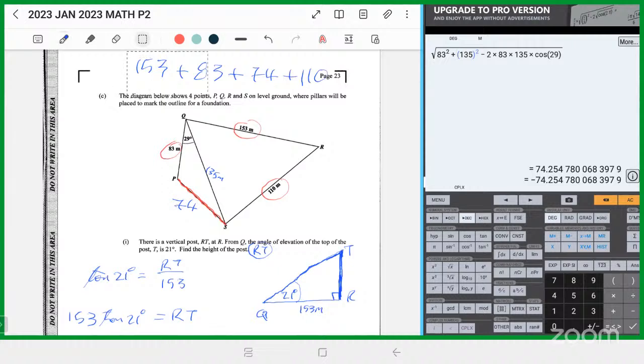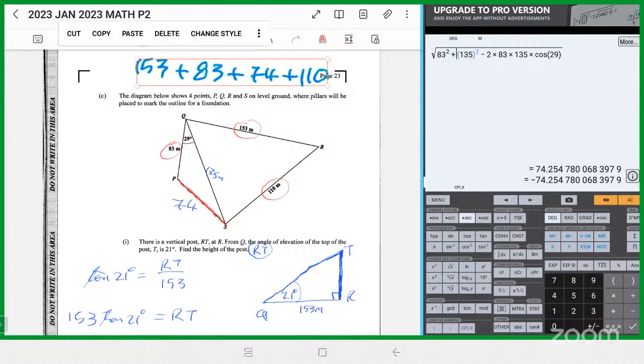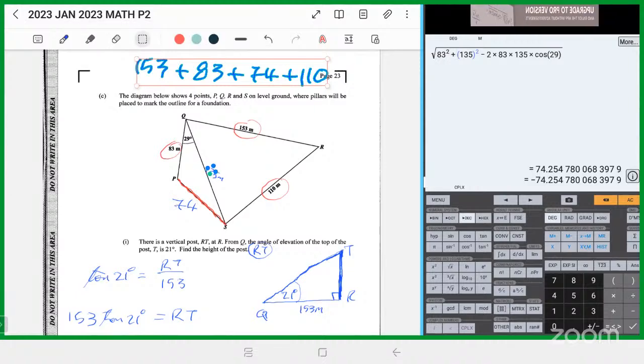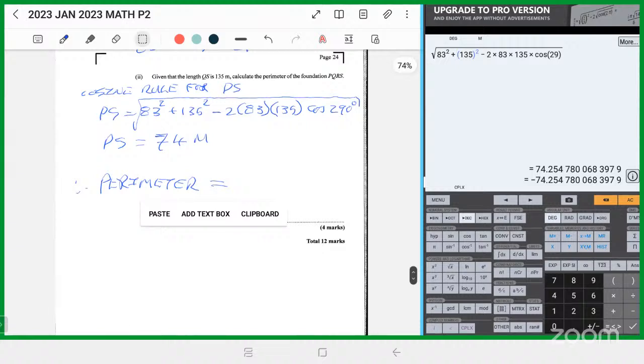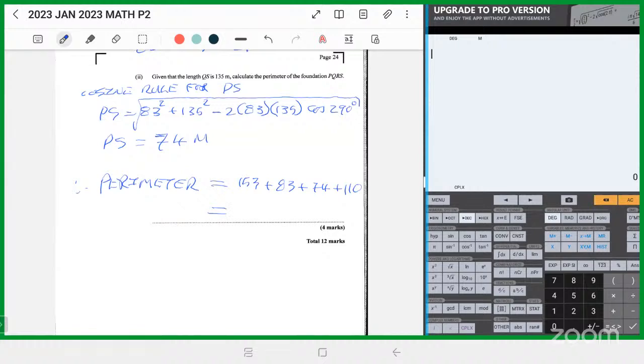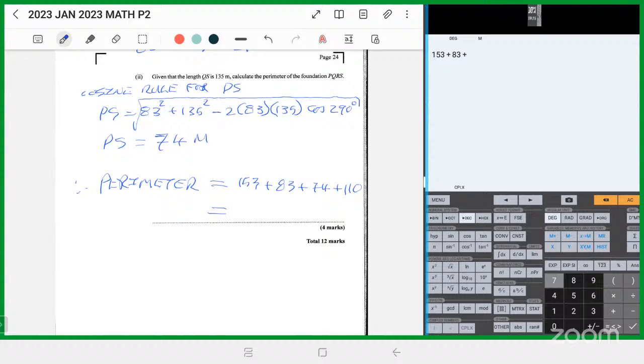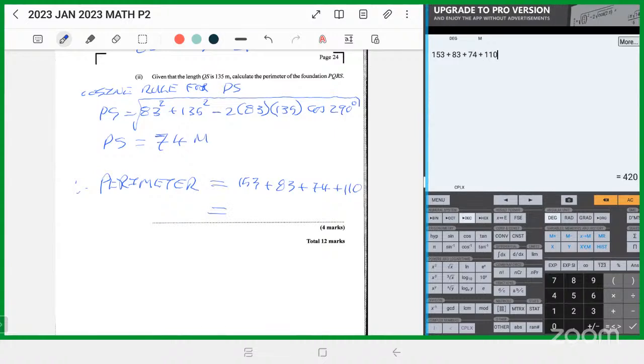That gives you the perimeter, what we said. So here, 153 plus 83 plus 74 plus 110. It's still 30.